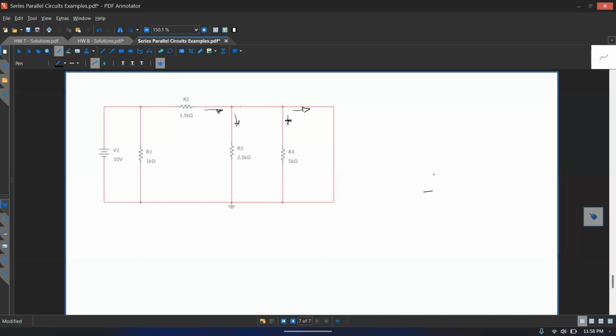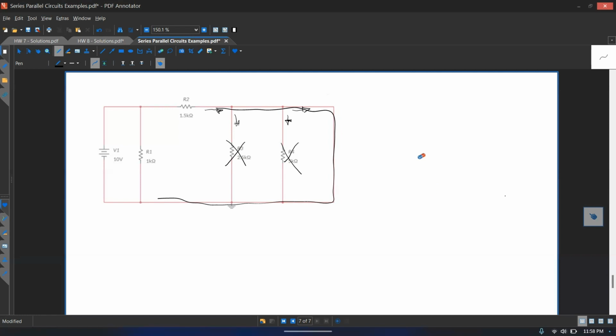So majority, if not all, of the current is not even going to flow in the direction of R3 and R4. It's going to keep on going. So it's almost as if R3 and R4 are not even there. And in fact, you can kind of look at it that way.